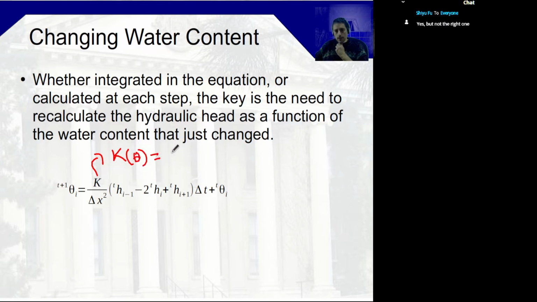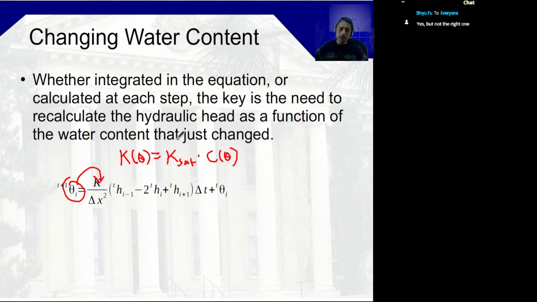So it's Ksat, the saturated hydraulic conductivity, times some function that varies from 0 to 1 based on the water content or degree of saturation, however you want to express it. And so as you change this, it changes this, and that does make these calculations a little bit more complicated to evaluate.